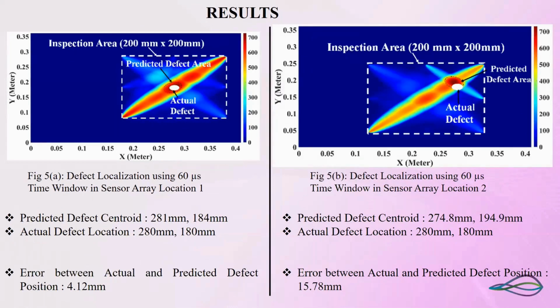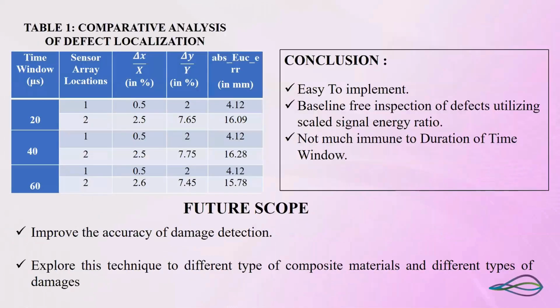And this is the last time window that we have presented here. This is for defect localization using a 60 microsecond time window. Here we have done it for both cases, when the defect is at a line of sight position and when the defect is at a non-line of sight position.